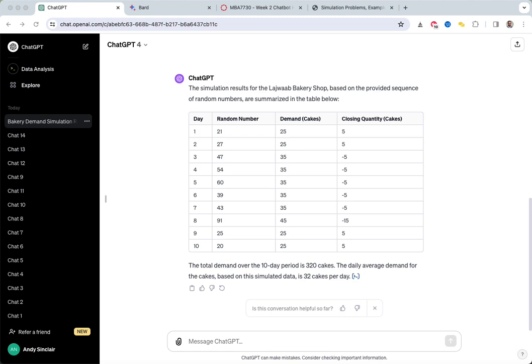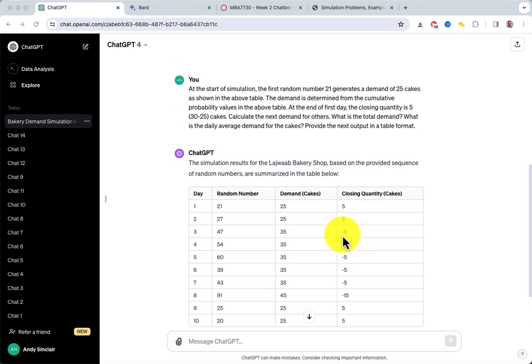Wonderful. So now they've trained it. So we identified the random number, the demand of cakes per day, and the closing quantity of cakes per day.